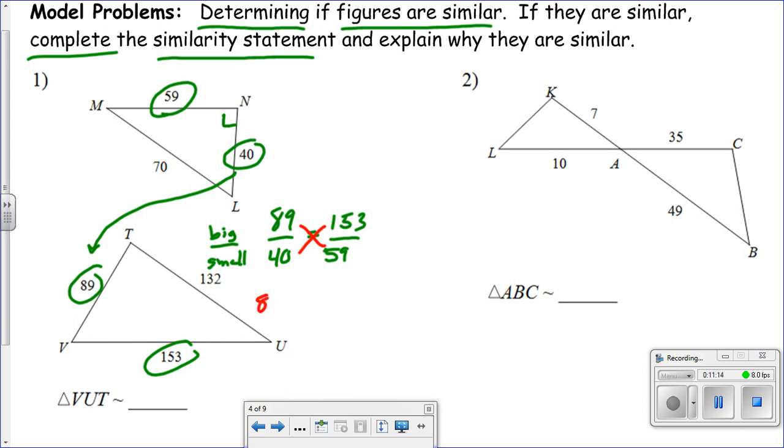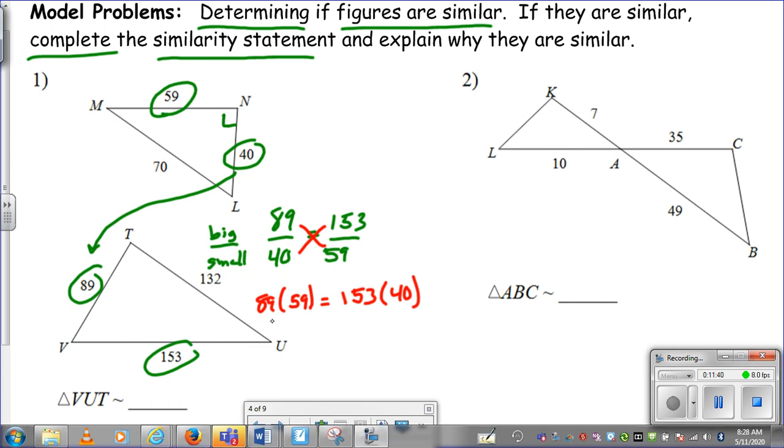So you would do 89 times 59, and let's see if it's the same as 153 times 40. So I'm going to pull out my handy dandy calculator and test this.